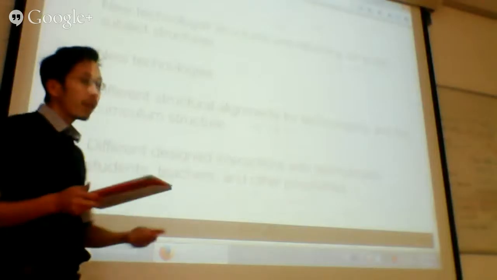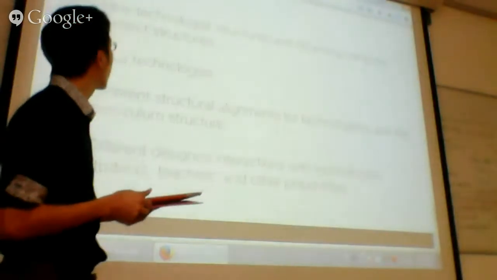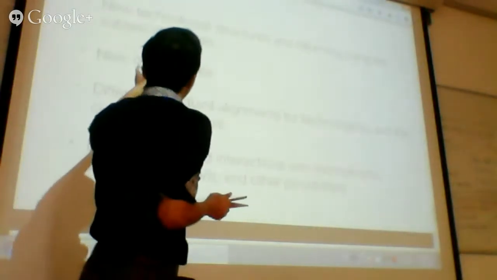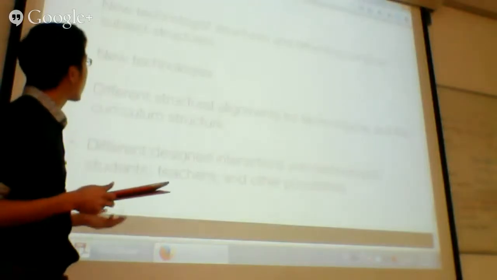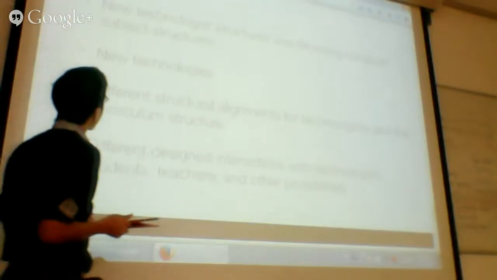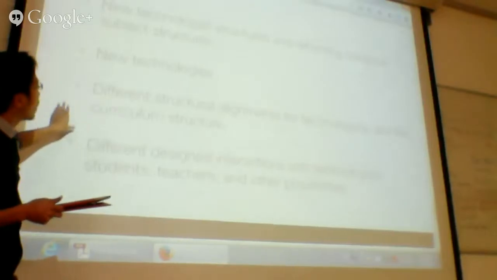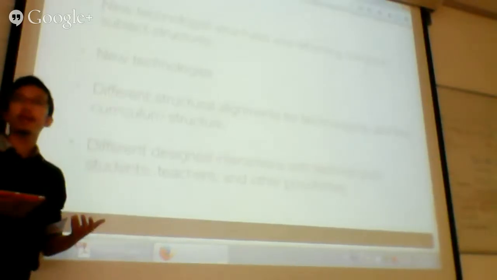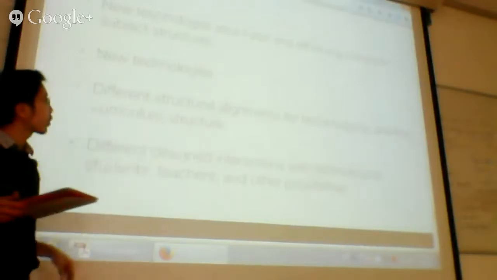So let me just discuss briefly what we can tease out about the differing school conditions and the feedback interactions. In summary, the schools have new technology structures, and they're also reforming their computer subject structures, introducing new technologies. And we see differences in the way that the technologist's role is placed into different organizational structures.